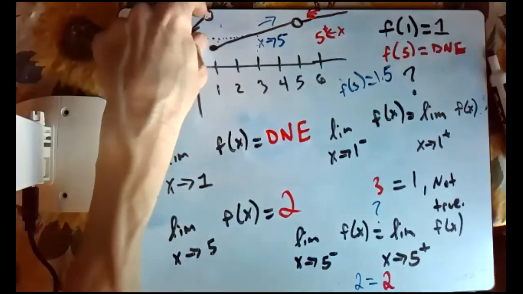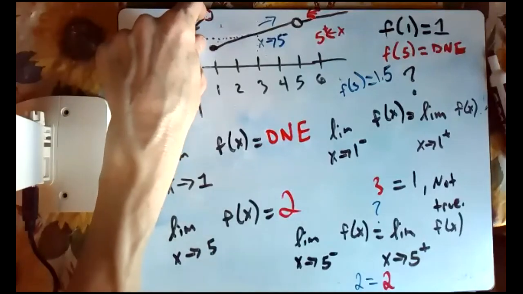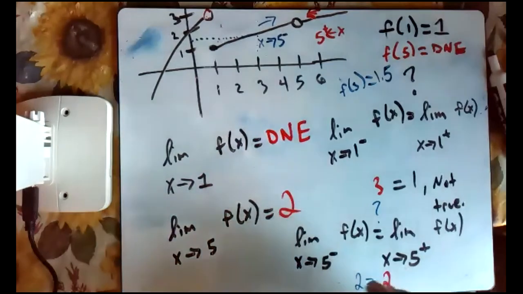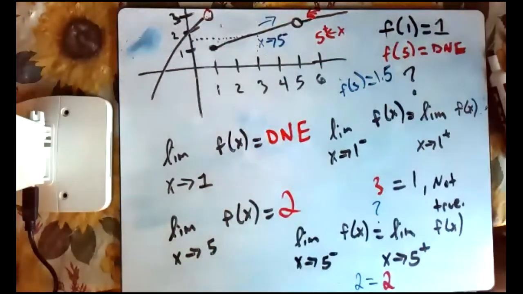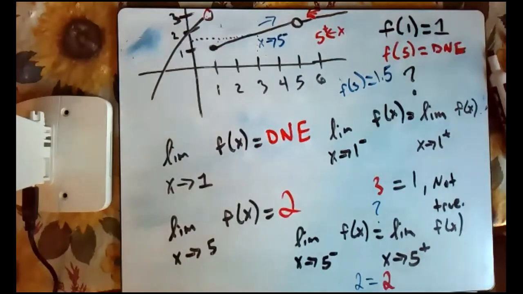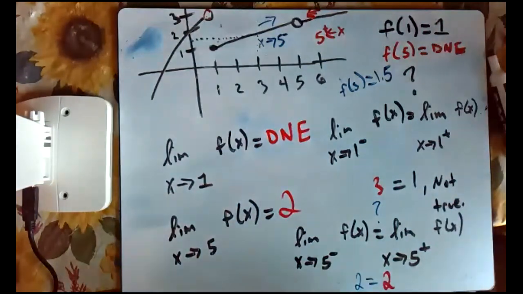And like I mentioned before, you can never have two solid circles with this type of function. This type of function anyway is called a piecewise function. Why? Because it's just pieces of two different functions right there. All right, so let's try a couple more of these.